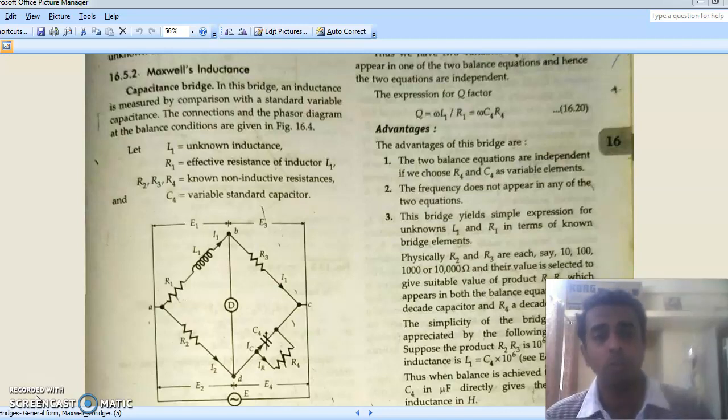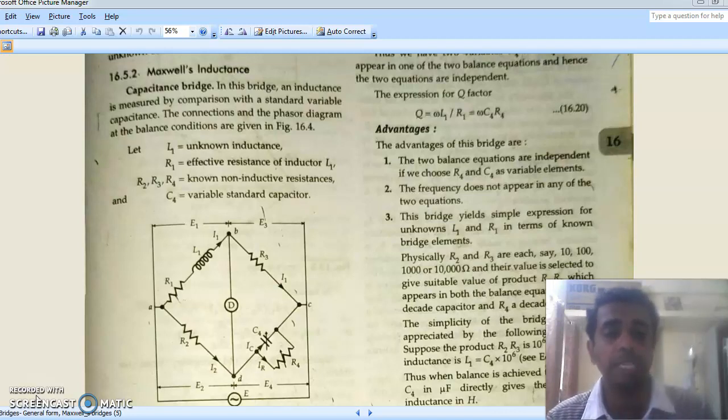And we also saw Maxwell's inductance bridge, where we calculated the unknown inductance. Today we will see another form of it, Maxwell's inductance-capacitance bridge.